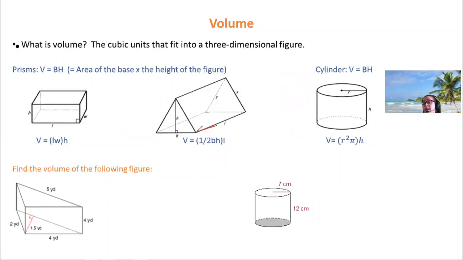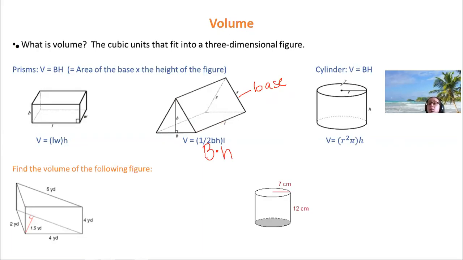Okay, so this figure right now is resting on a rectangle. That does not mean the rectangle is the base. The triangle is the base. So we're going to take 1/2 times the base times the height, that's the area of the base, times the length of the triangle, or the height. Okay?